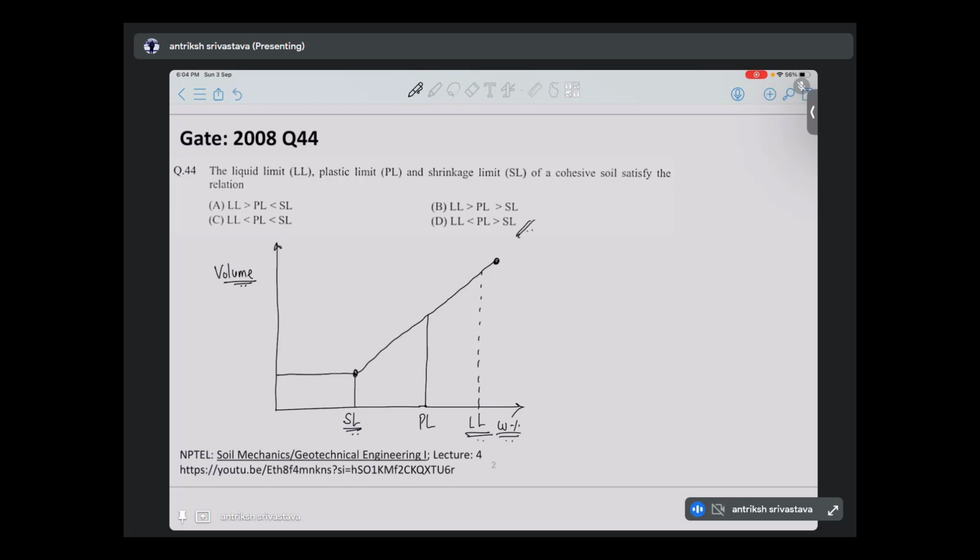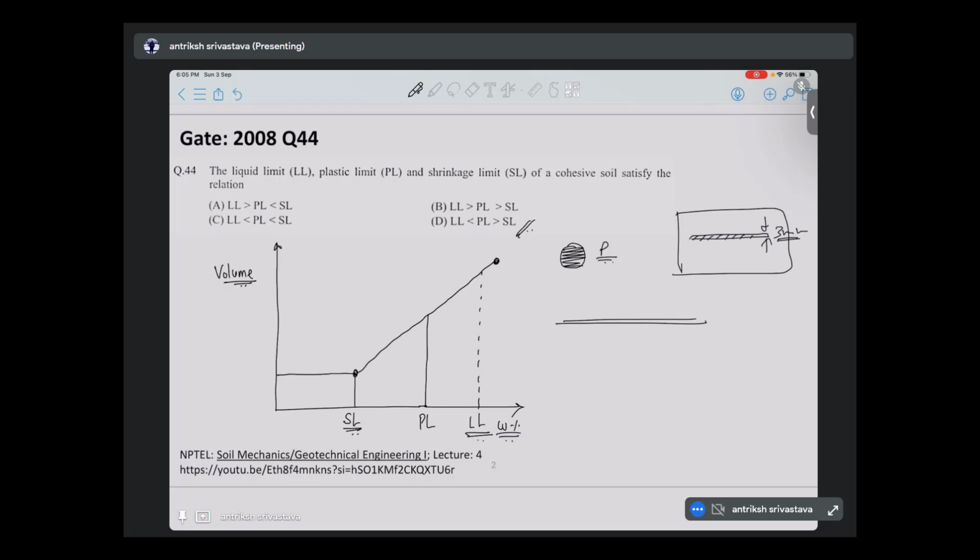So the conventional method is you take a little bit of plastic soil, and then you try to roll it on a glass or acrylic sheet, and you see if the soil roll breaks just at 3 mm diameter.